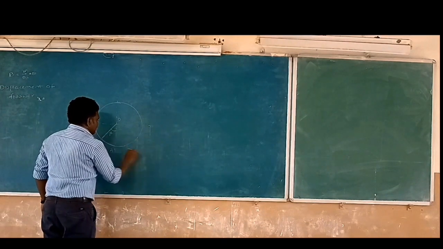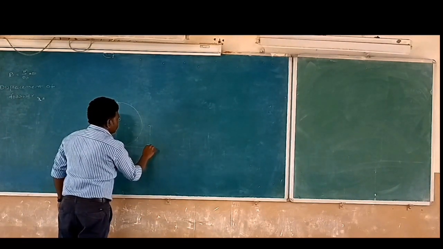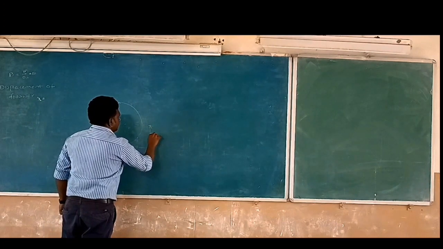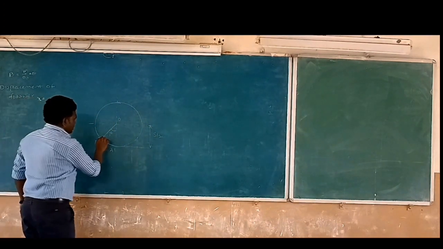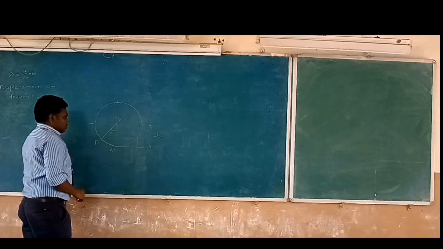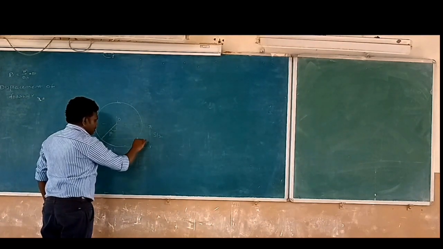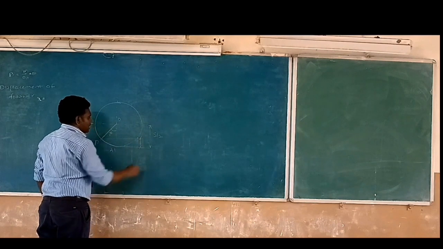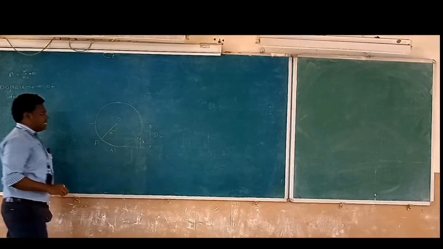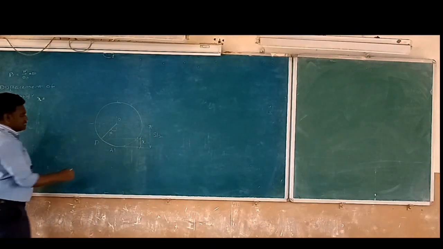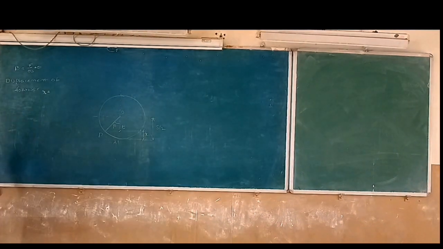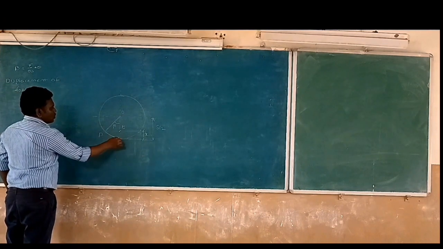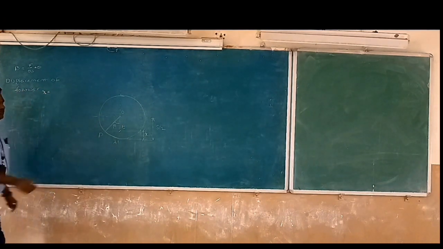The distance from the center O to point A is S by 2 and distance from the point P to the point A is x. This is the B value. From the diagram you can define x is equal to OA minus OB.